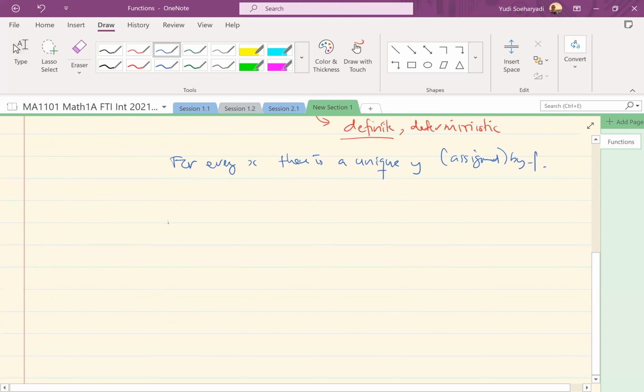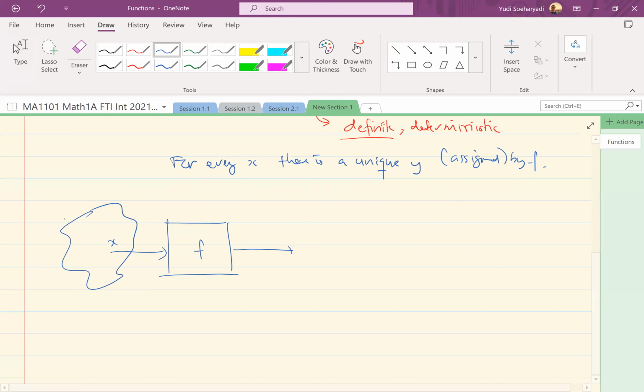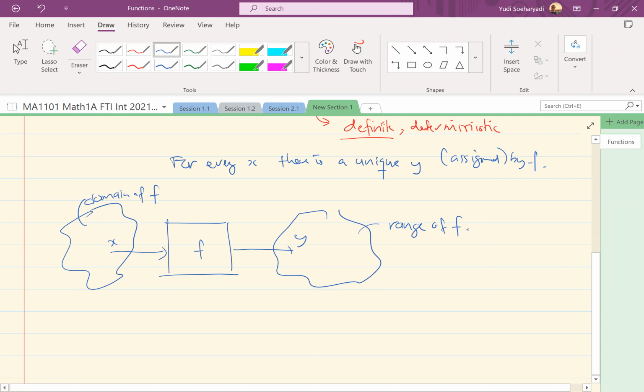All right, so again, if you have f like this, x must be inside a set. So y is inside a set also. The set is called the domain of f. The y is, say, the range of f.